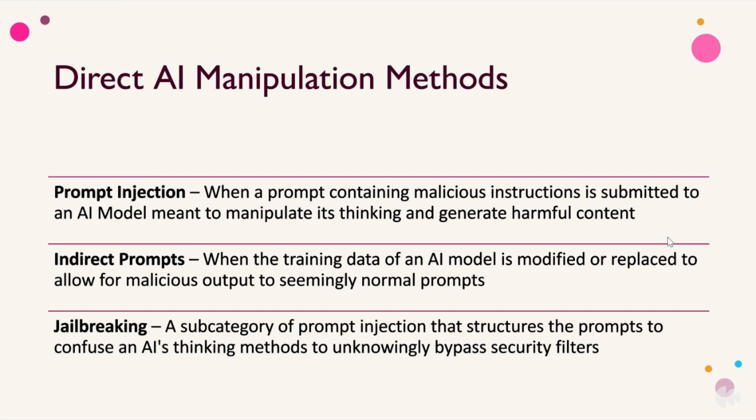Many of the methods that I will mention later on are subcategories of prompt injection because there are simply so many ways that this type of attack can occur on an AI model. However, it's important to mention that the next method, indirect prompts, is not a subcategory of prompt injection because it doesn't involve the prompts, it involves the training data.